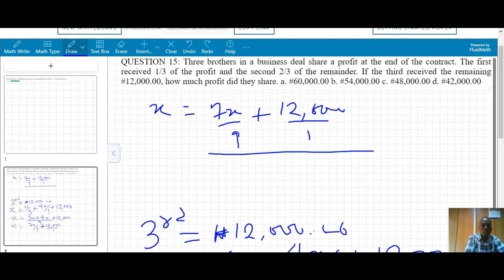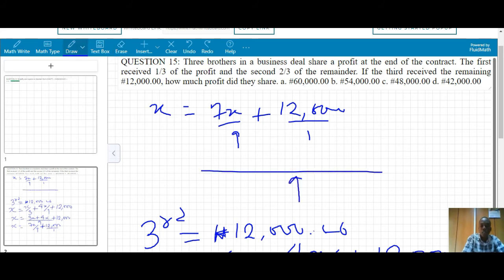The LCM is 9. 9 divided by 9 gives 1, 1 times 7X gives 7X, plus 9 divided by 1 is 9, and 9 times 12,000 gives 108,000.